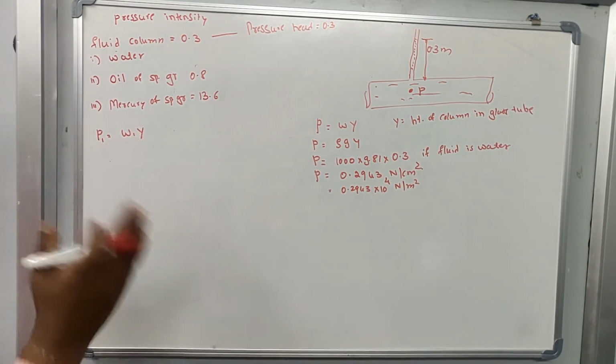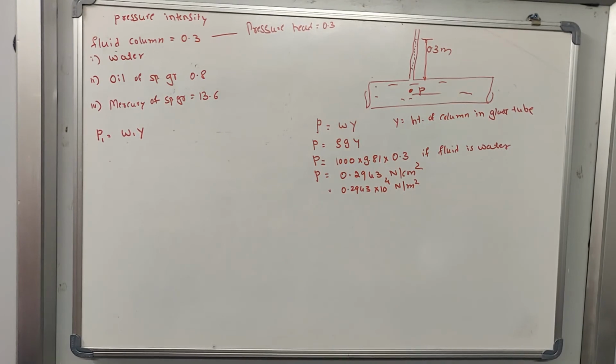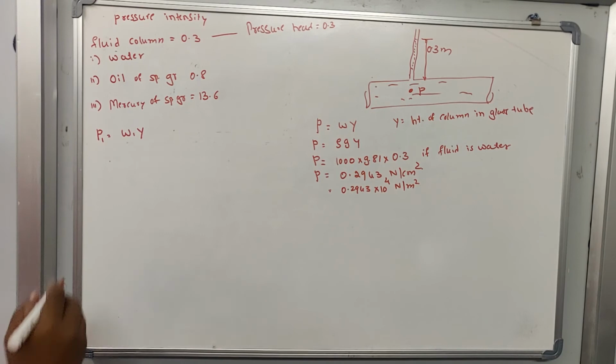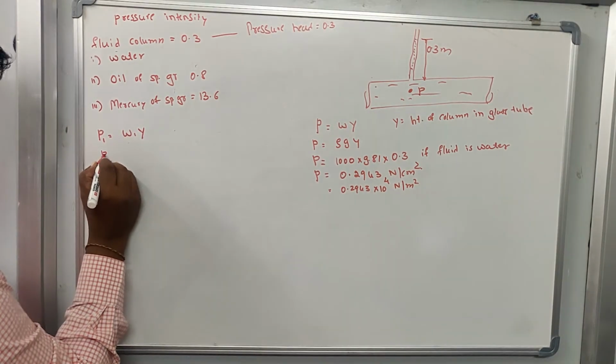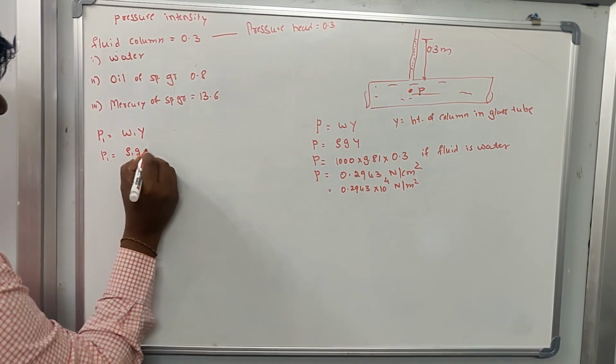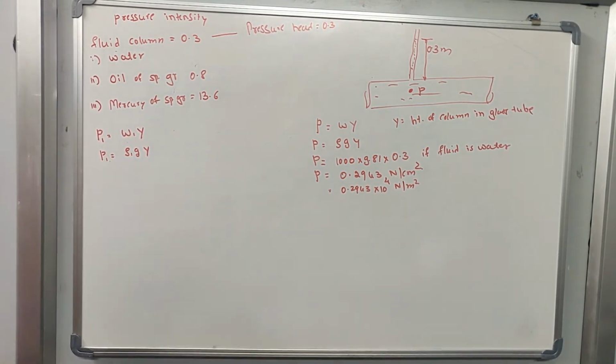Y is constant in all these three cases, that is the column height of 0.3. Now it is rho 1 G Y. What is rho 1? It is the mass density of oil, whose specific gravity is 0.8.